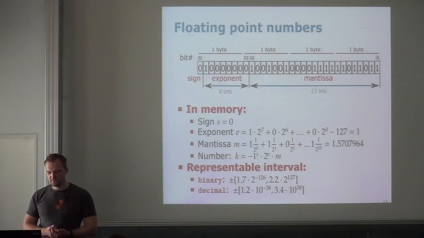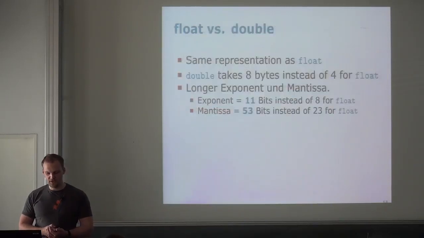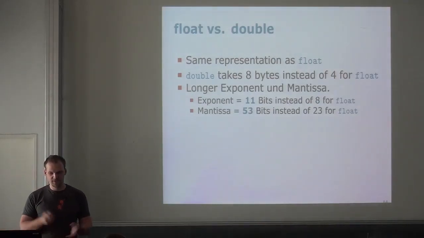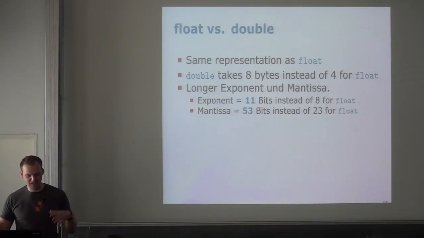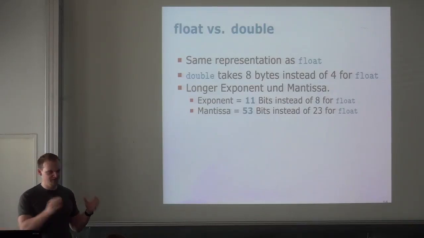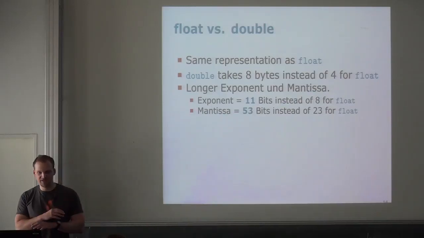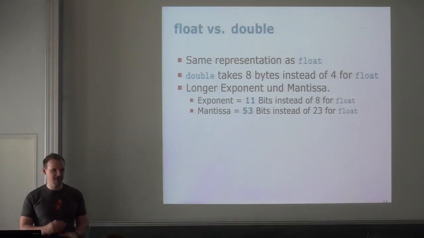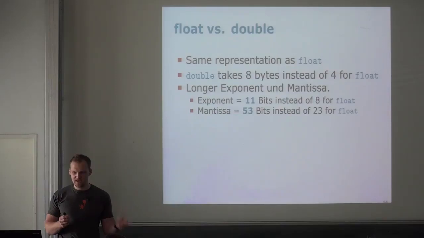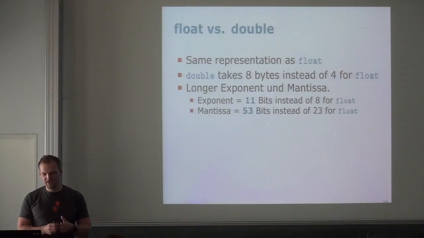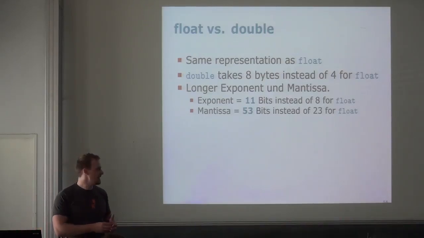The only issue here is that, no, it's not, the issue will be on the next slide. For now, kind of answering your question, double is represented exactly in the same way, but the exponent is another 3 bits longer than in float, and the mantissa is another 30 bits longer than in float.